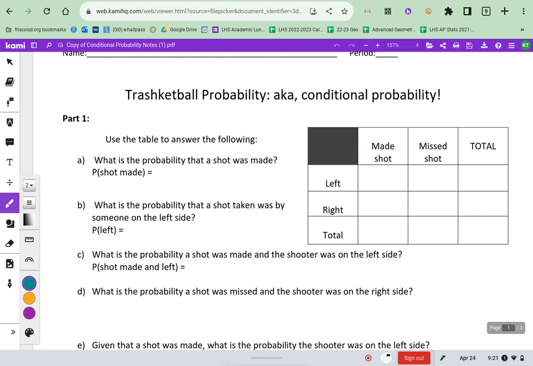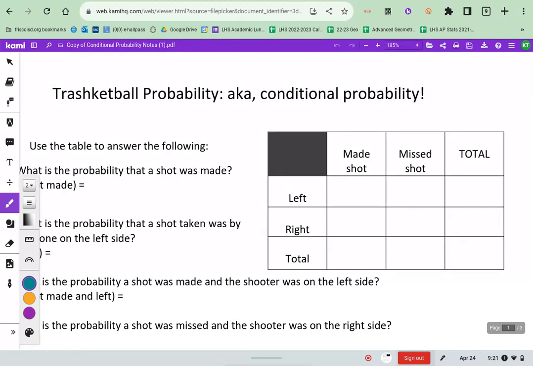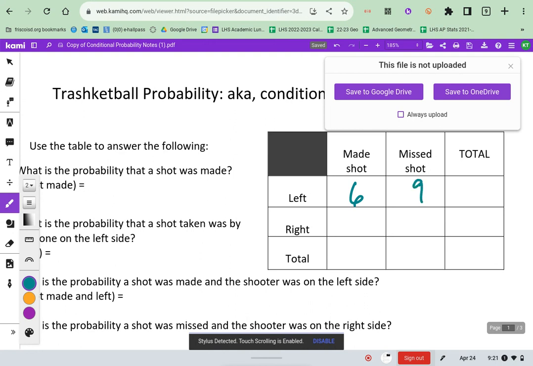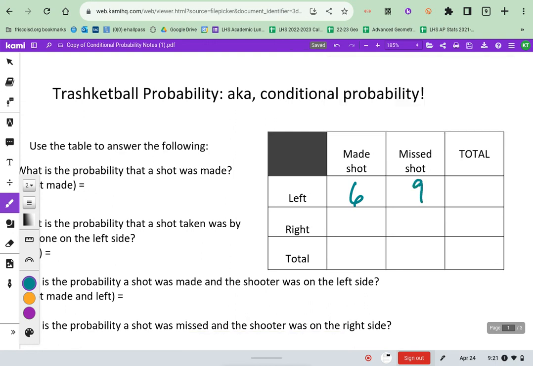I'm just going to put in some data here so we can have some numbers to work with. For one of my classes last year, the left team made 6 shots and missed 9 shots, so they took a total of 15 shots.